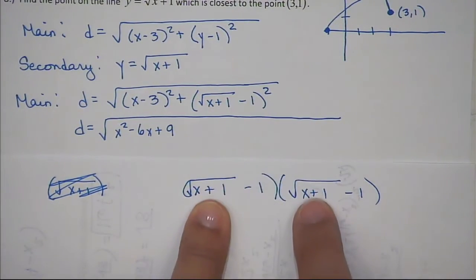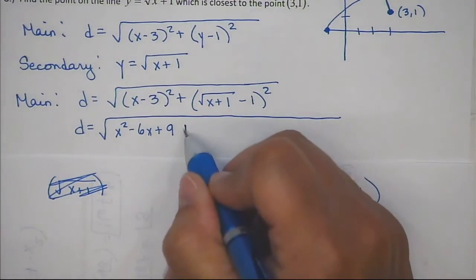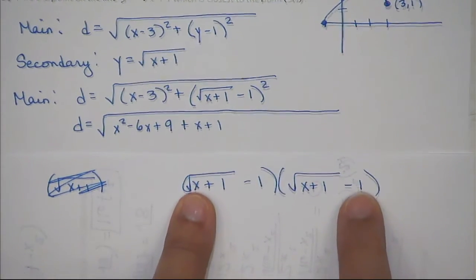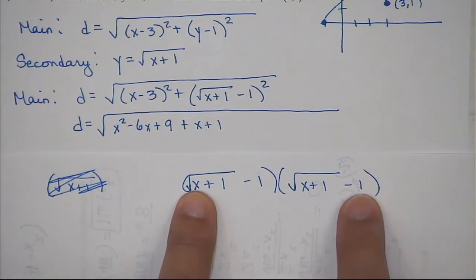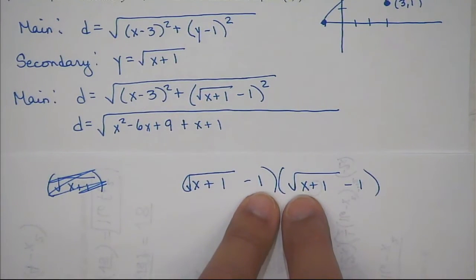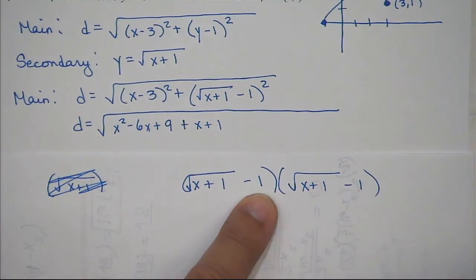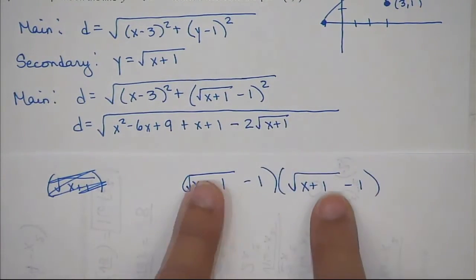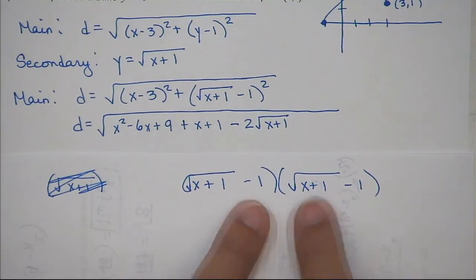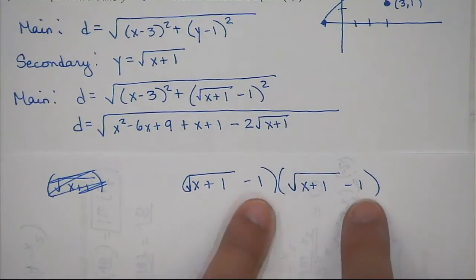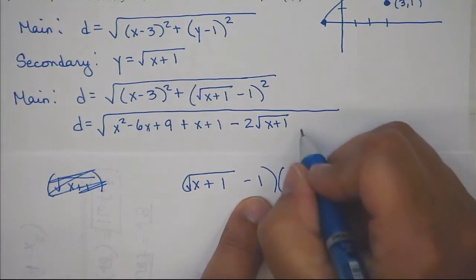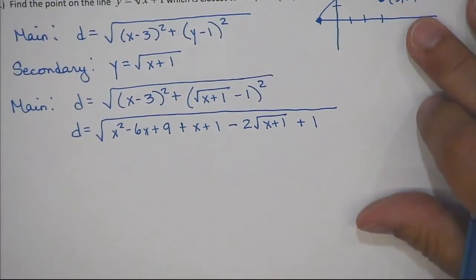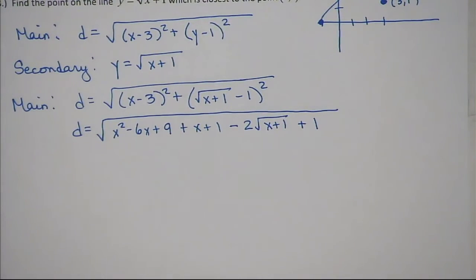So first, which is easy, is the x plus 1, right? So that goes away. Now, what's the outer? That would be negative square root of x plus 1, and the inner, negative 1 square root of x plus 1. So inside we get minus 2 square roots of x plus 1. So that's the outer and the inner. And then we're going to multiply negative 1 times negative 1, plus 1. All right, so let's simplify that down. We got a bunch of like terms in there.